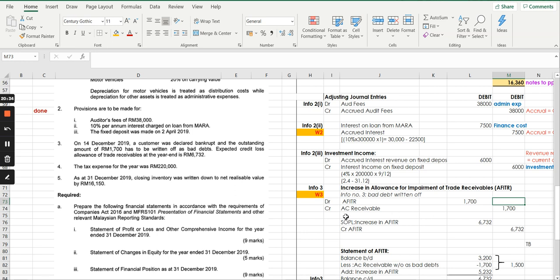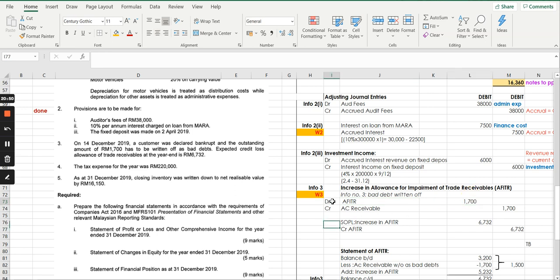And then you credit your account receivable 1,700. So this has to be reflected in your accounts receivable. You need to reduce your account receivable, and you also need to reduce your allowance account.